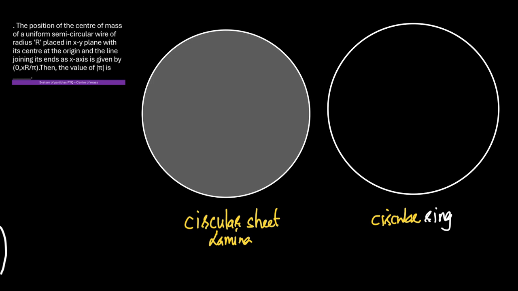Now we have understood the problem and the formula, which is all you need in JEE Mains: to know the very basic center of mass formulas for many of the figures.